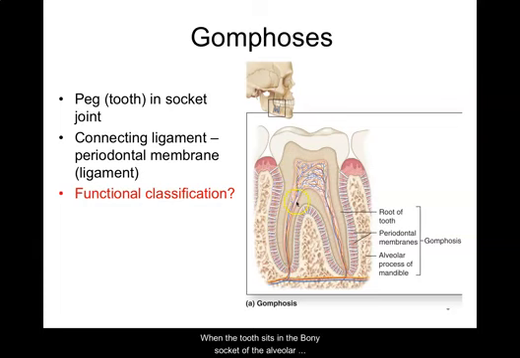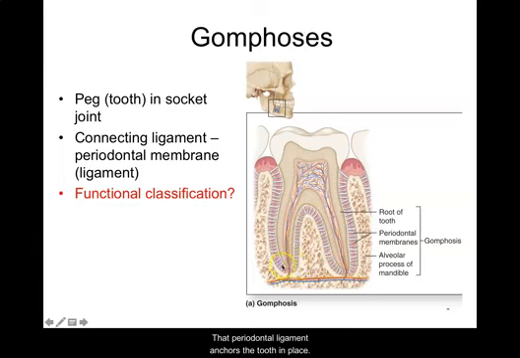When the tooth sits in the bony socket of the alveolar process, we're going to see that the walls of the alveolar process surrounding the tooth are called the interalveolar septa. So that's a wall between two tooth sockets. The interalveolar septa are connected to the tooth via a sheath of a ligament called the periodontal ligament.